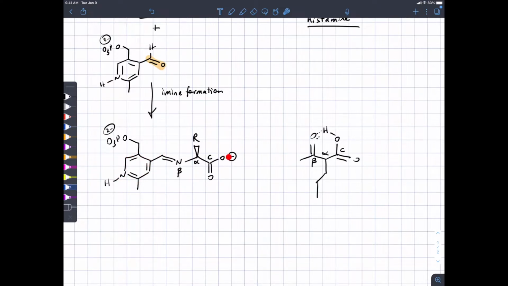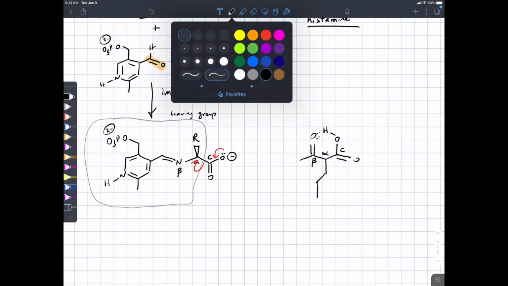So think about this. If I were to imagine all of that as the leaving group, I could imagine electrons on the oxygen kicking down to, and I'm just going to show these lone pairs going on to the alpha carbon.